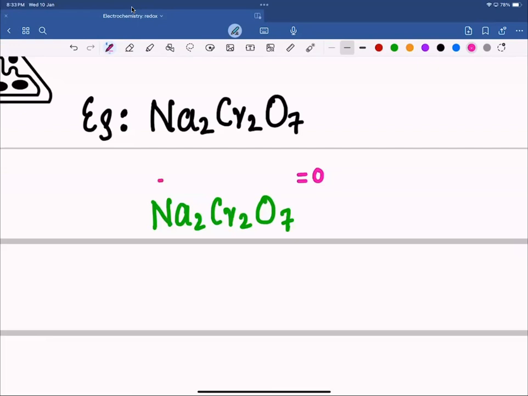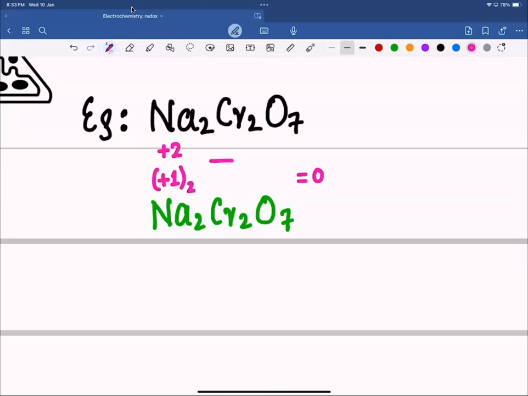So the charge of Na is going to be +1, and there are two Na, right? Na is in group 1. Is there any hydrogen? No, sir. Okay, so the net charge becomes +2.